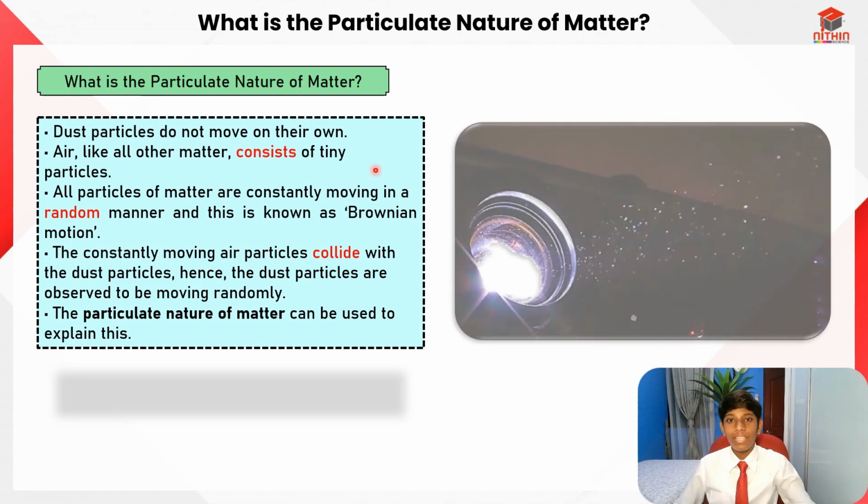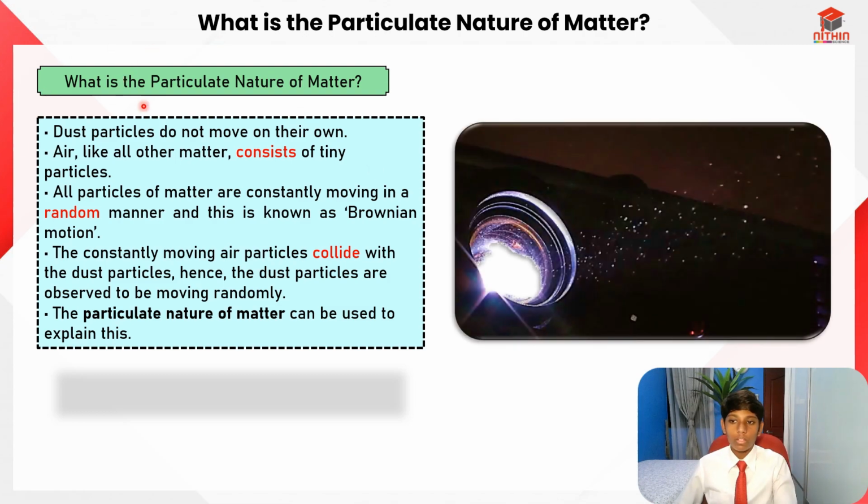So basically, let's have an example over here. Dust particles do not move on their own, right? Air, like any other matter, consists of tiny particles. All the particles of matter are constantly moving in a random manner, and this is known as Brownian motion.